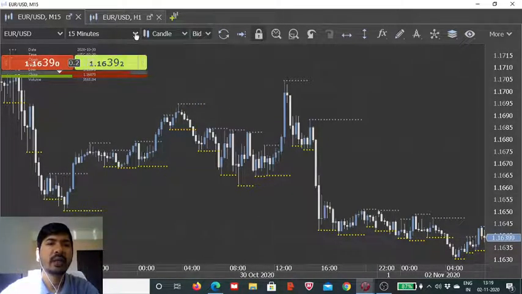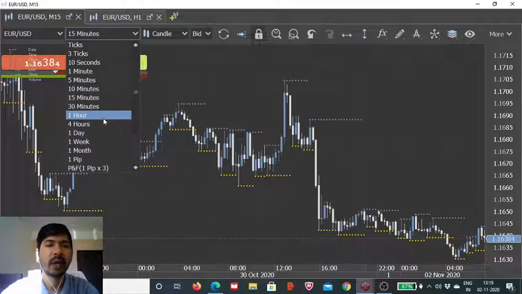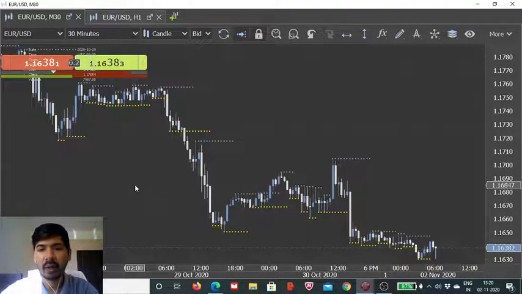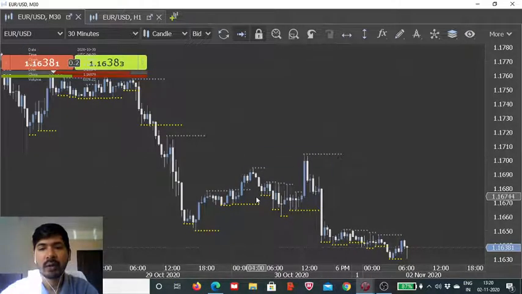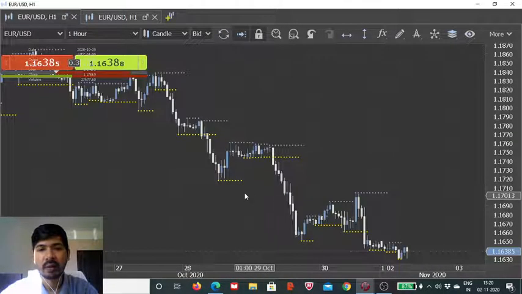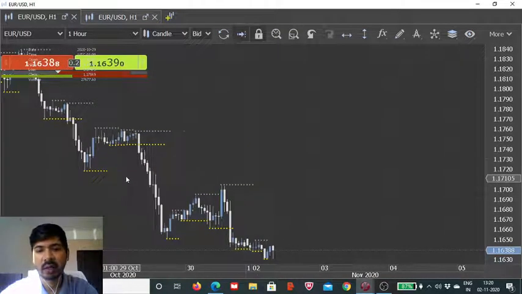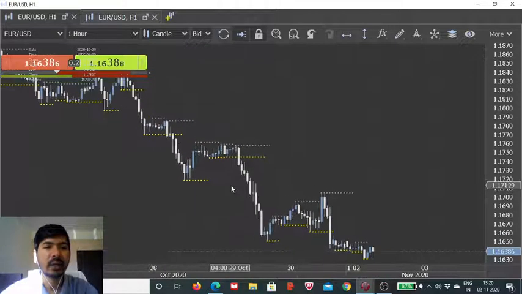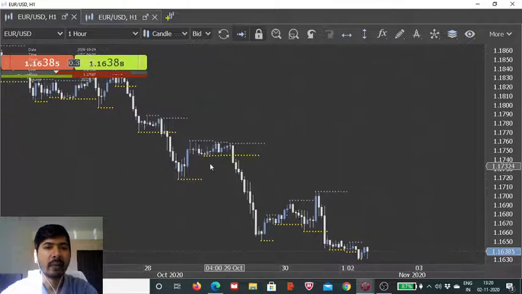If you want to change the time frame, you can always do so. To give you an example, now the support and resistance levels are being defined for the half hourly time frame. If I want to increase it further, here now the formation is hourly, so all these highs and lows are being formed while keeping in mind the price action on the hourly time frame.